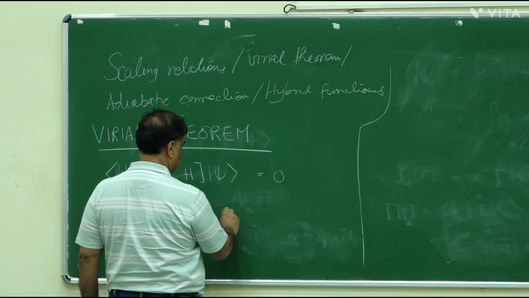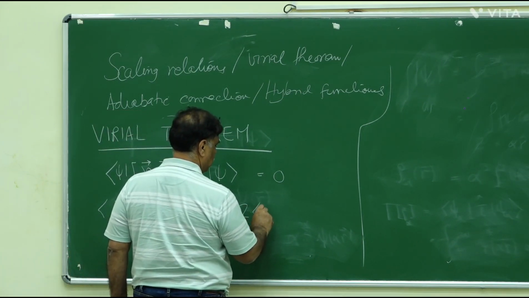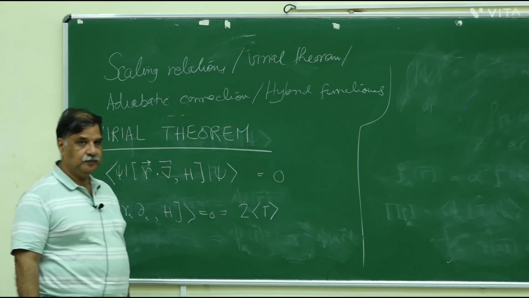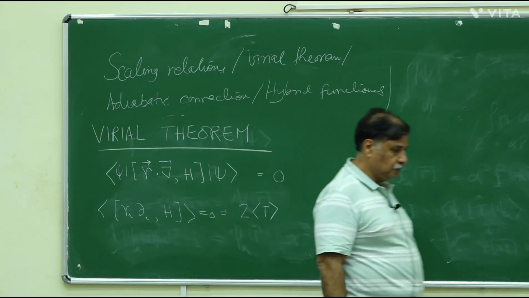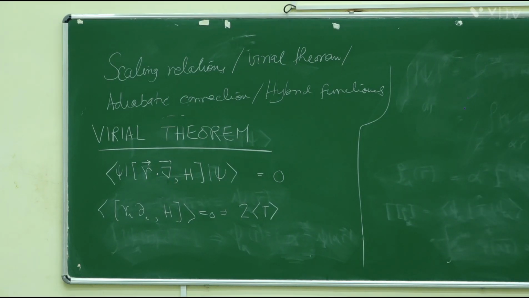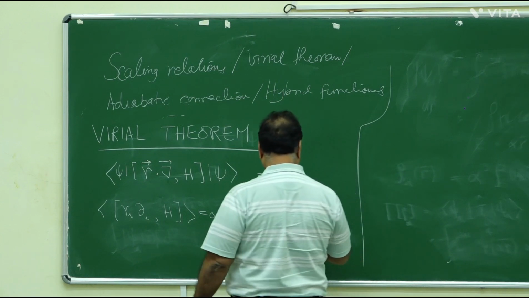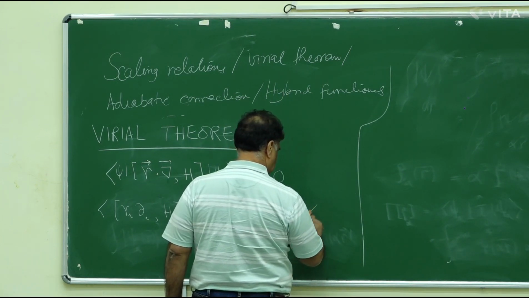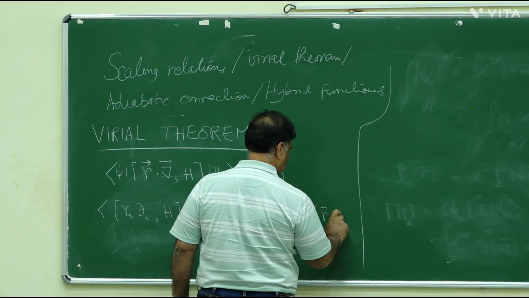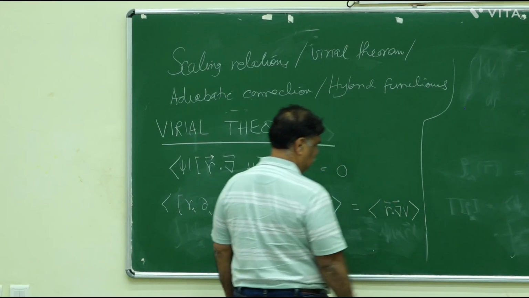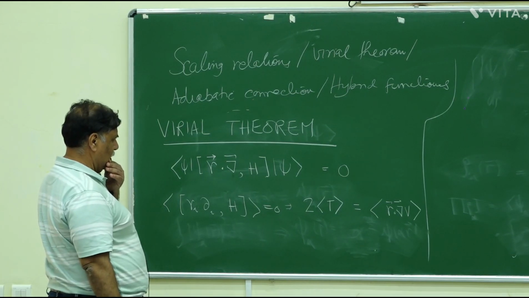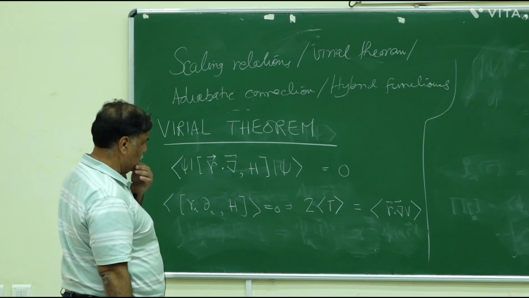you work it out, you get 2 expectation value of T is equal to, out to 3, will come out to be equal to expectation value of R not del of V. Quickly check this.